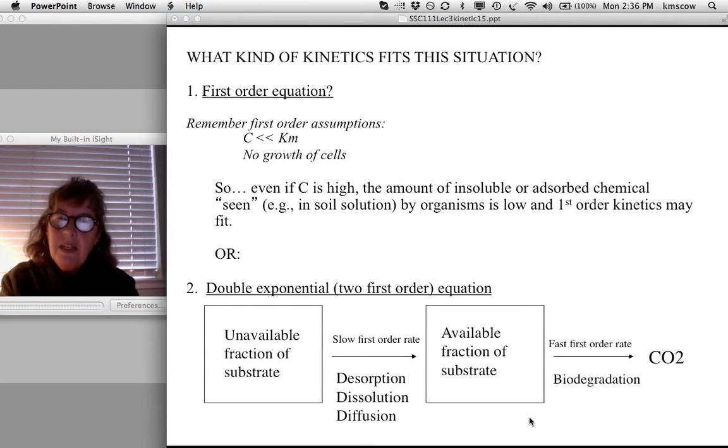And they need to be made available over time. So a double exponential, or two first order equations, do a very good job of describing this type of phenomenon.